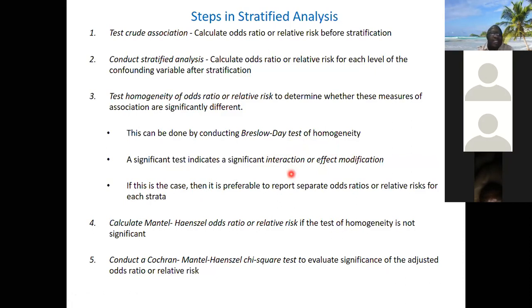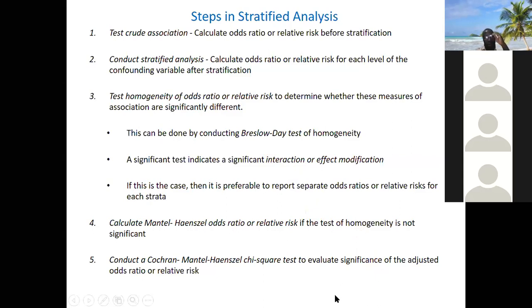If this is clear, then it is advisable to report separate odds ratios or relative risks for each stratum. You calculate the Mantel-Haenszel odds ratio or relative risk if the test of homogeneity is not significant.